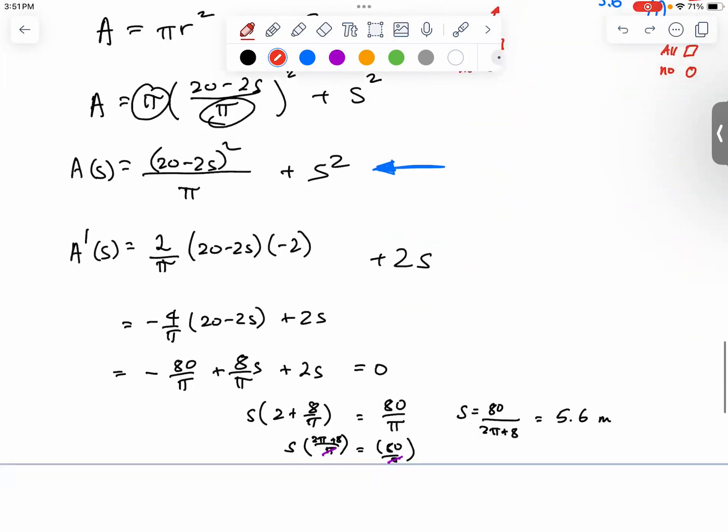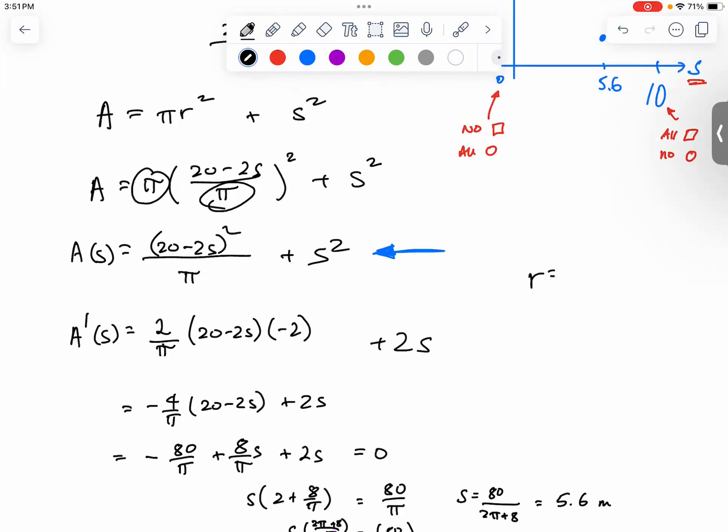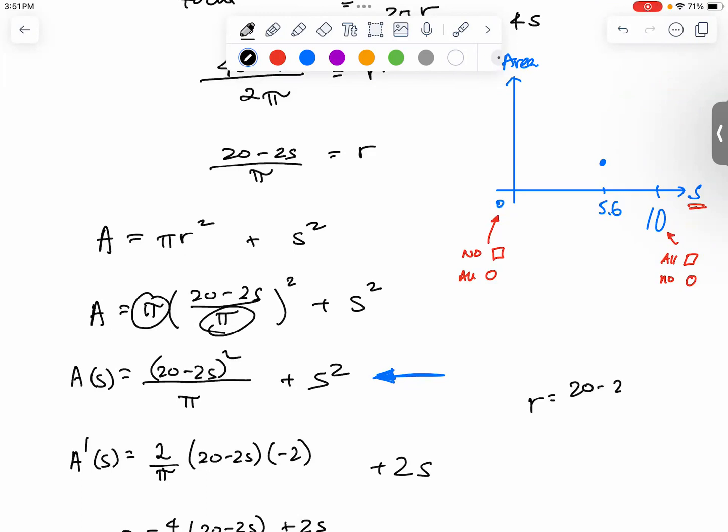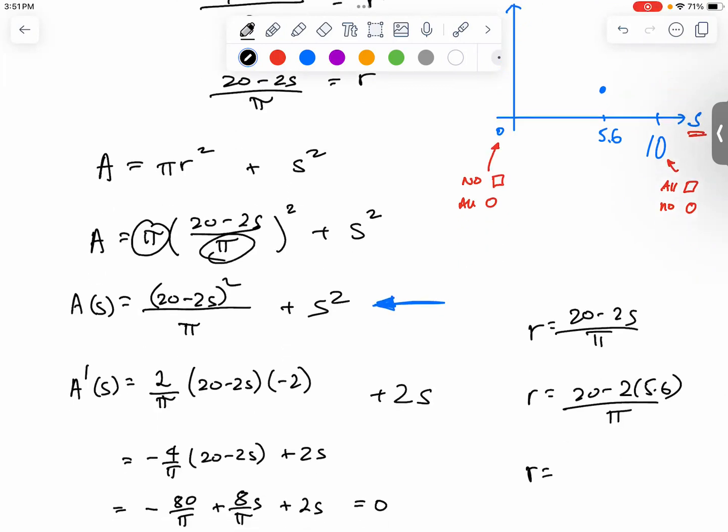And that is, what is it? So r is equal to 20 minus 2s over pi. So 20 minus 2 times 5.6 over pi. So r is equal to 20 minus 2 times 5.6, oops, sorry, 20 minus 2 times 5.6 divided by pi.